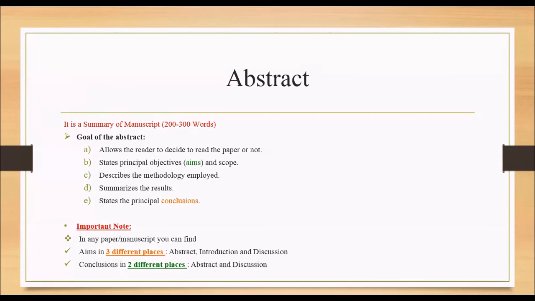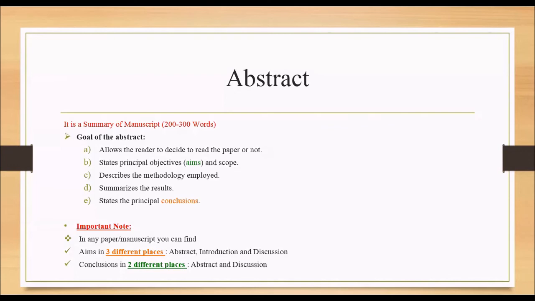Techniques for writing a scientific research paper: this is what I said in this whole workshop. When you're writing a scientific research paper, you have to think first about the journal that you're going to use.